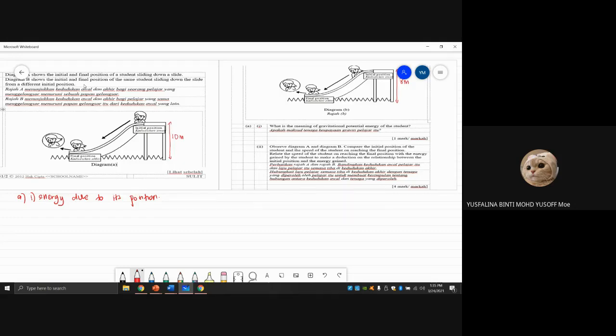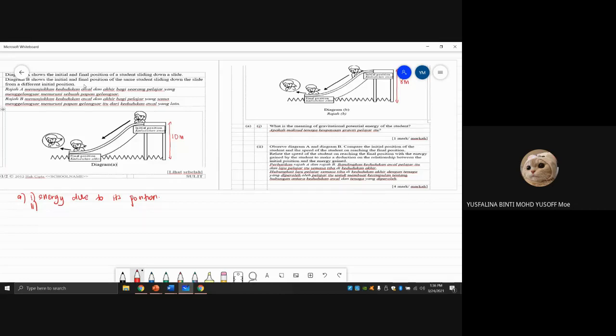For A2, actually it's 5 marks here. Usually it's 5 marks. You have to observe diagram A and diagram B, and then compare the initial position of the student and the speed of the student on reaching the final position.